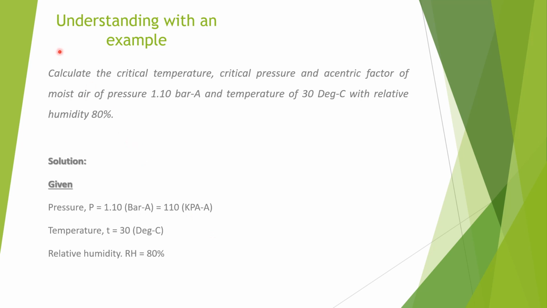Now, understanding with an example: calculate the critical temperature, critical pressure, and eccentric factor of moisture at pressure 1.1 bar absolute and temperature 30 degrees Celsius with relative humidity 80%. So pressure P is 1.1 bar absolute, which is 110 kilopascal absolute. Temperature is 30 degrees, relative humidity RH is 80.